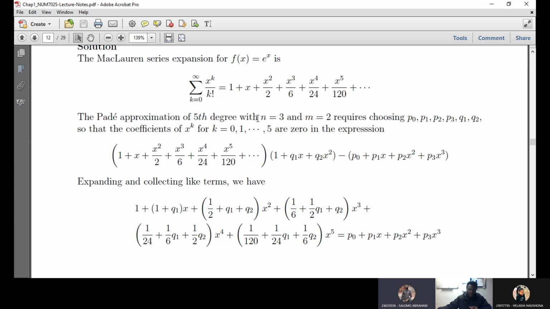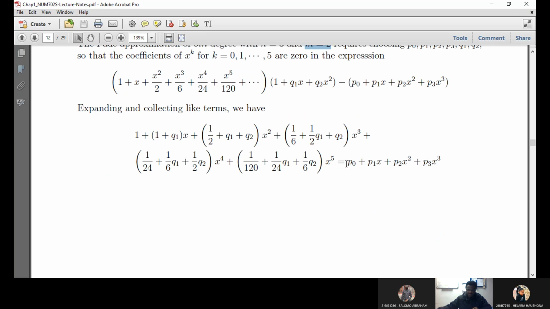Now here we are taking the degree of the numerator, which is n, to be 3, and that of the denominator to be 2. But recall one thing: the degree of the numerator is what you will equate, because when you set the numerator to be 0, the right-hand side of your equality will be the polynomial in the numerator, which is this one, the p's.